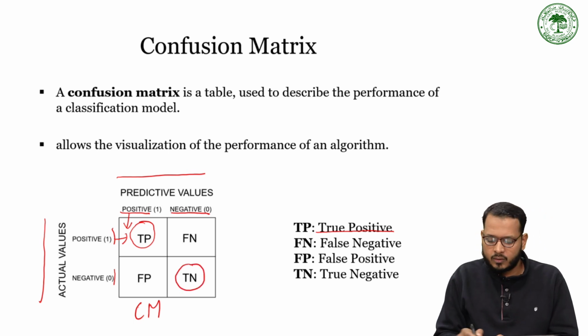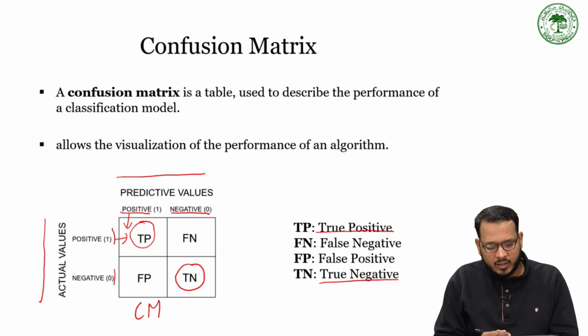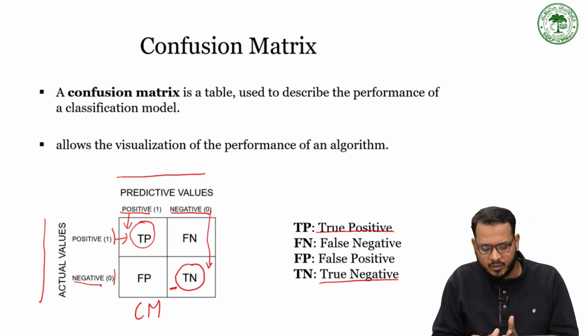TN stands for true negative. True negative means that the actual value was negative, that's why we are here, and the predicted values are also negative, that's why we have TN in this specific cell. These TP and TN values, if they are bigger, it means the performance of the model is good.